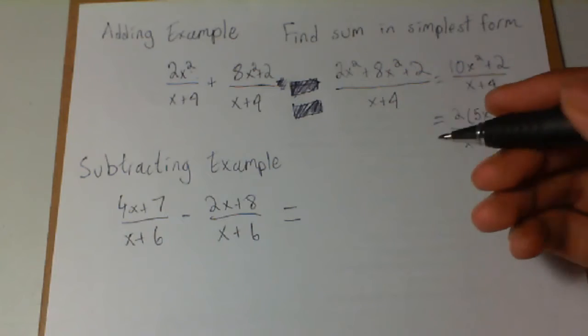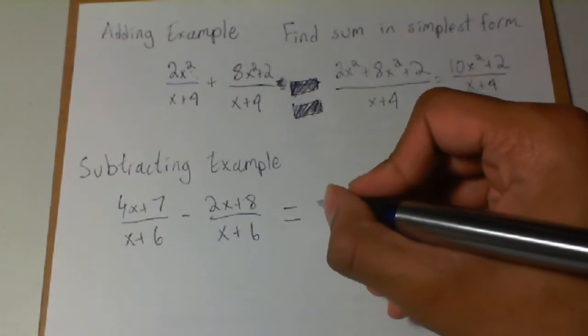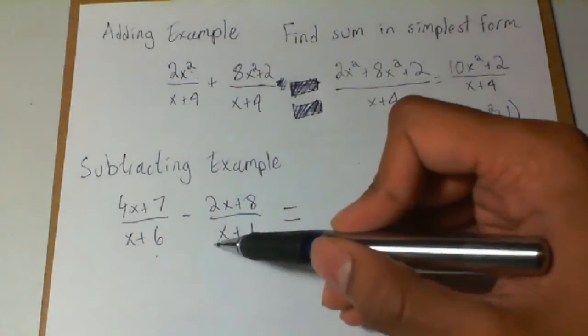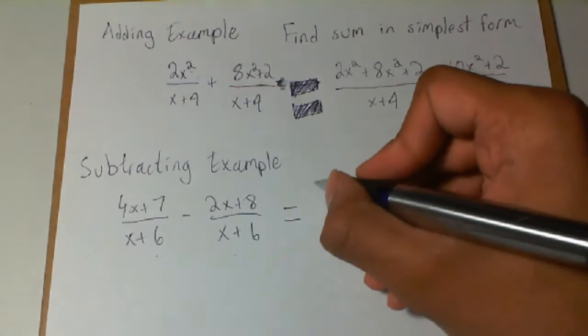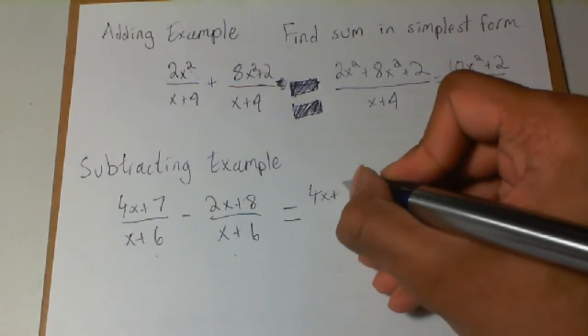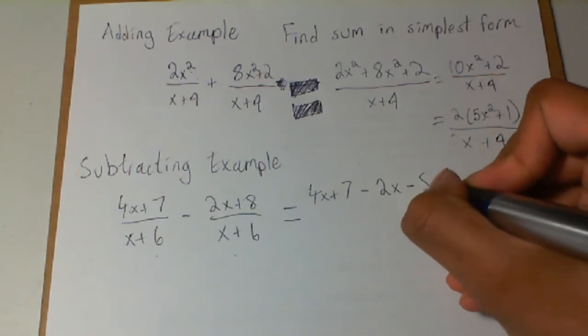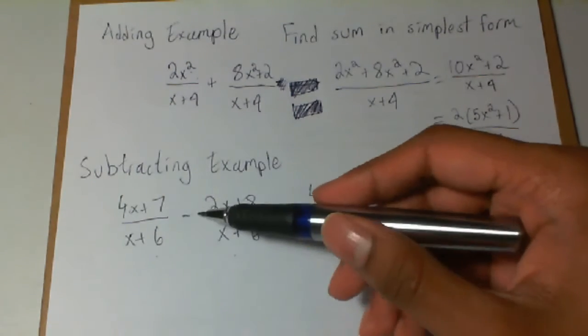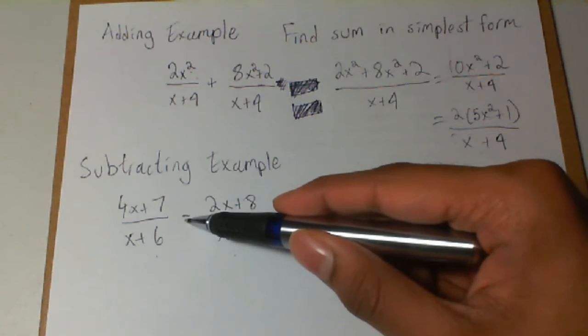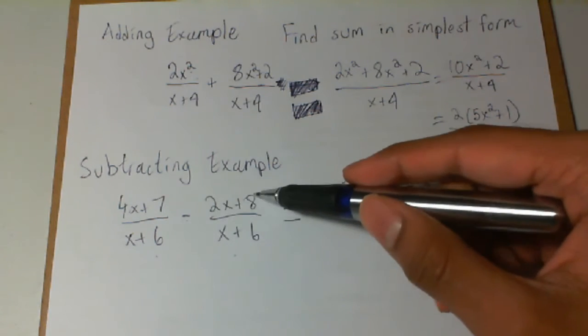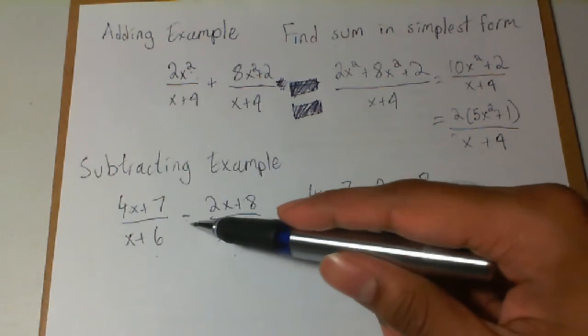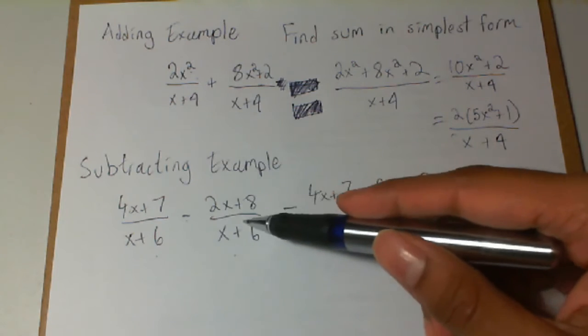And now let's do a subtracting example. And again, making sure that they're both like terms, right? So 4x plus 7 minus 2x minus 8. Okay, so here you got to recognize that when you're multiplying a negative with this numerator, you're going to multiply both the 2x and the plus 8.